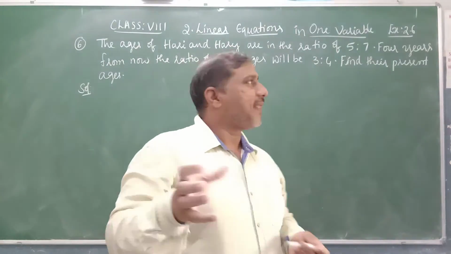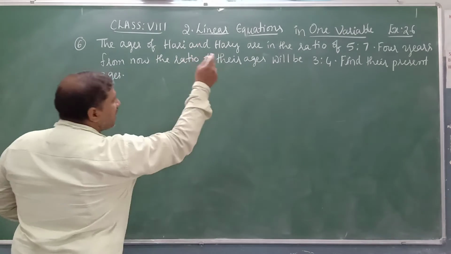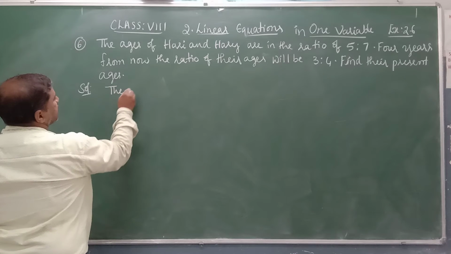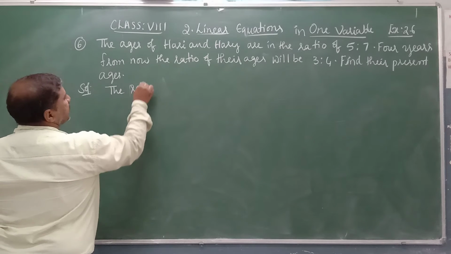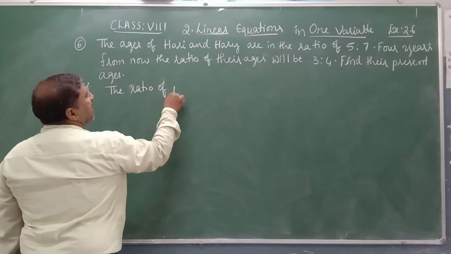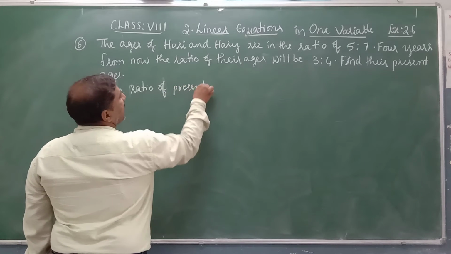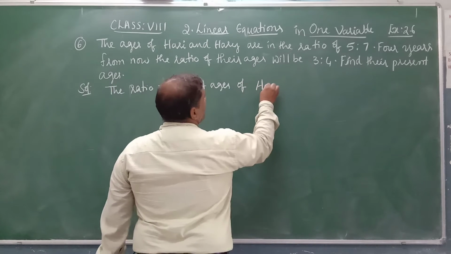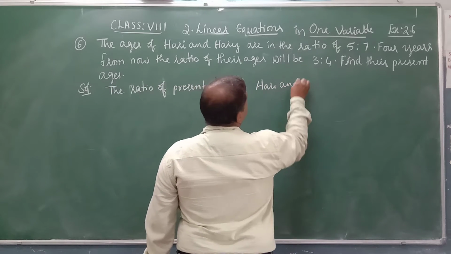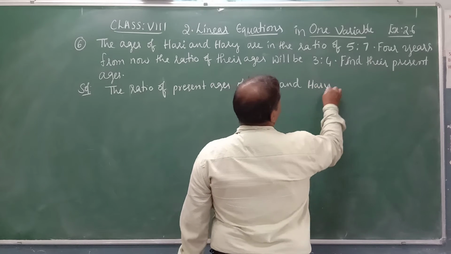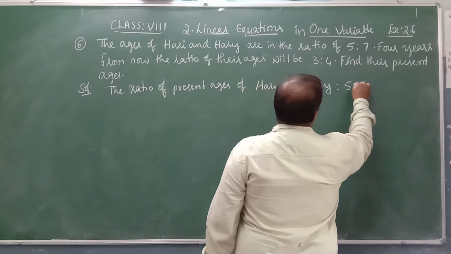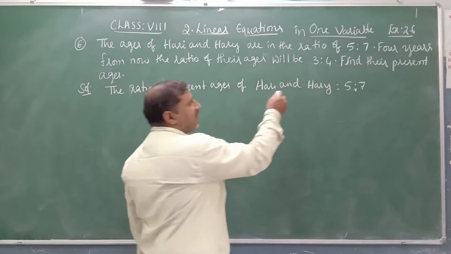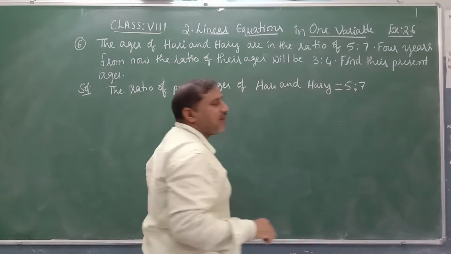How to find? In age related problems, first write the given data. The present ages of Hari and Harry are in the ratio 5:7. The ratio is always in the simplified form.